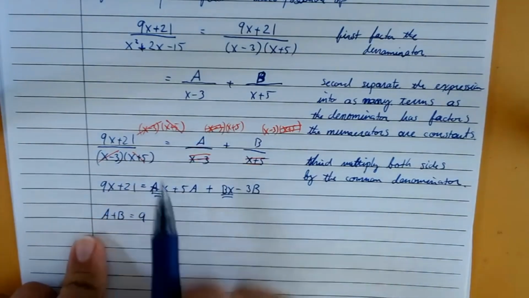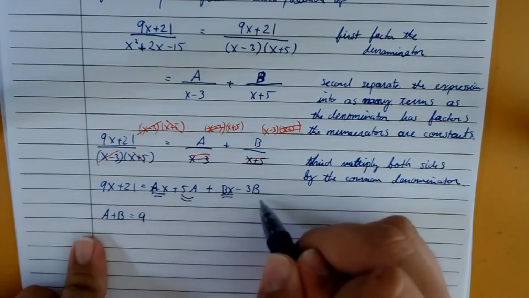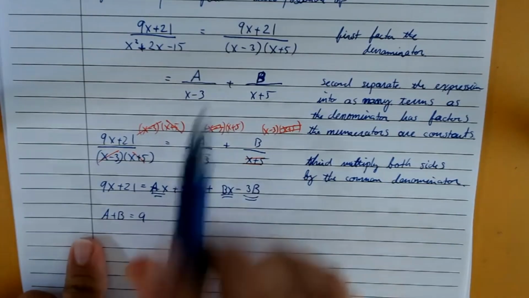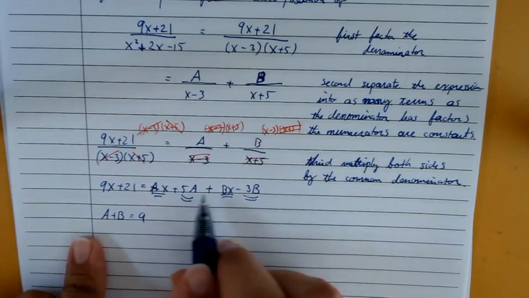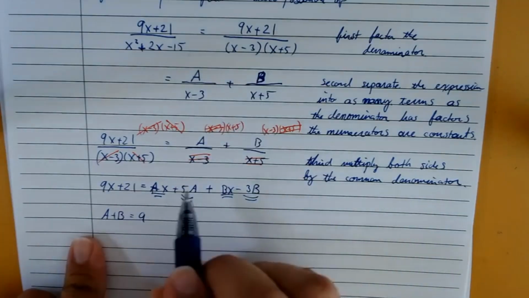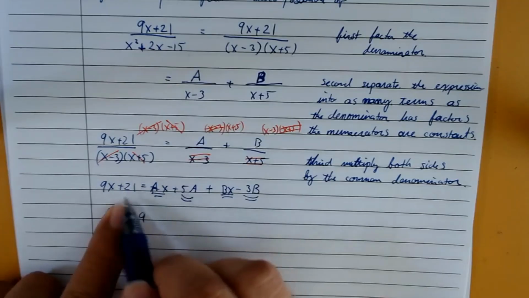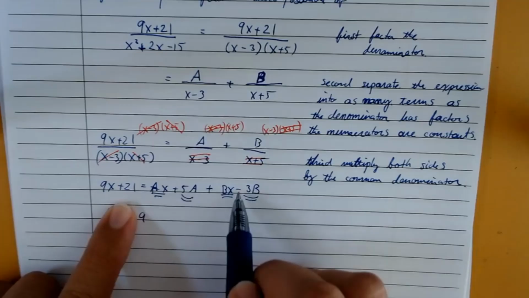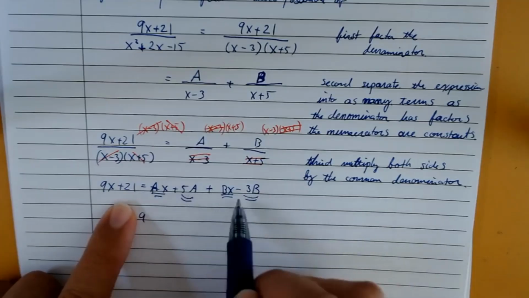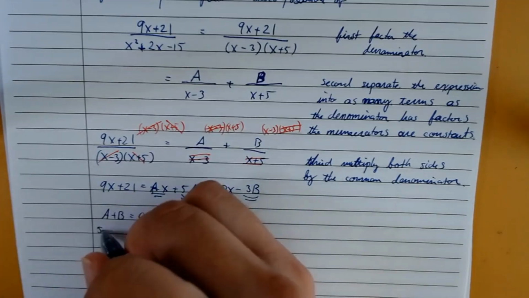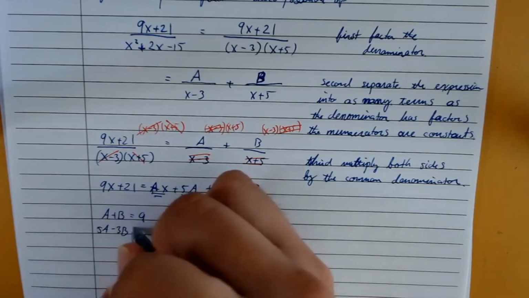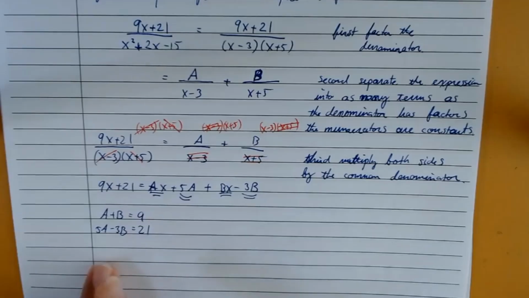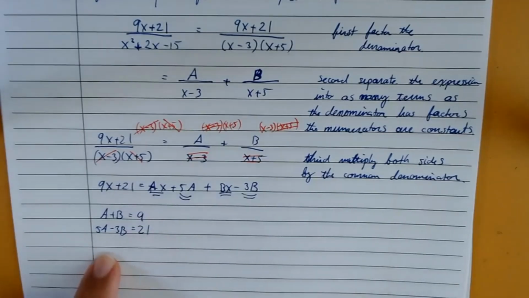Notice here that these are constants, because after all, a and b are constants. So 5a and 3b would also be constants. Combining those must give you this constant, 5a plus a negative 3b, or just say 5a minus 3b, that's equal to 21. That's a system of equations which we can now solve.